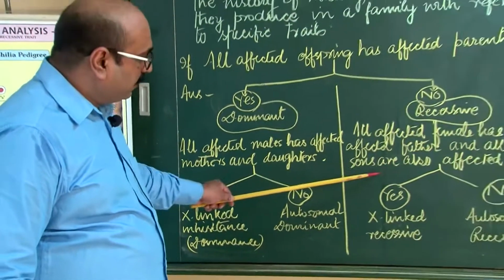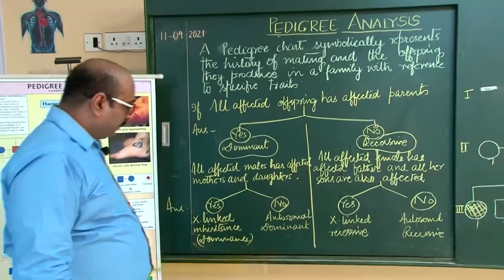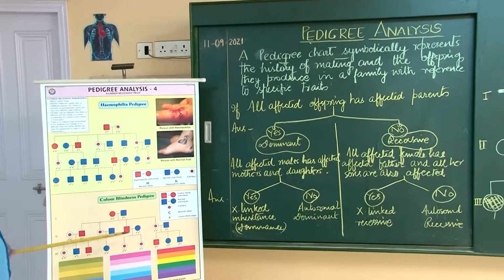All affected females have an affected father and all sons are also affected. So, this is X-linked recessive.